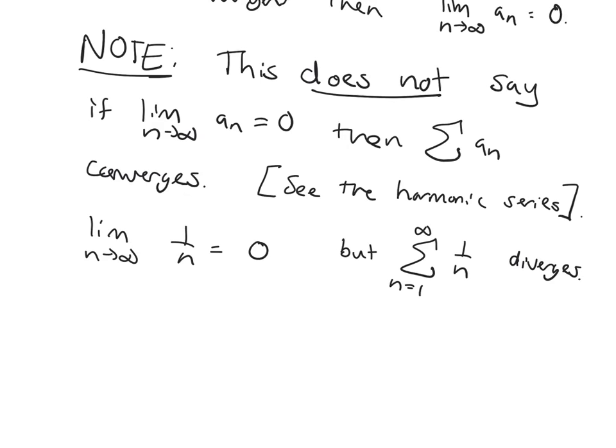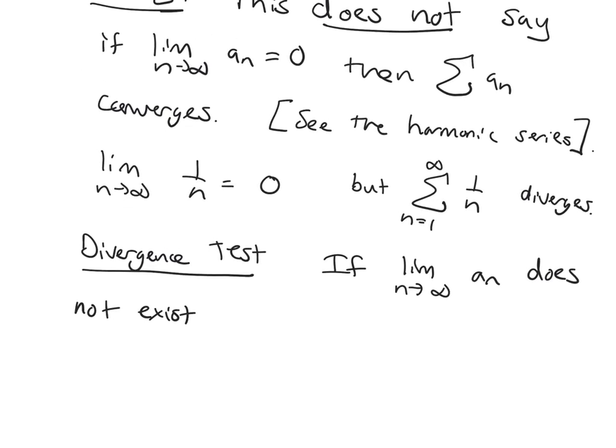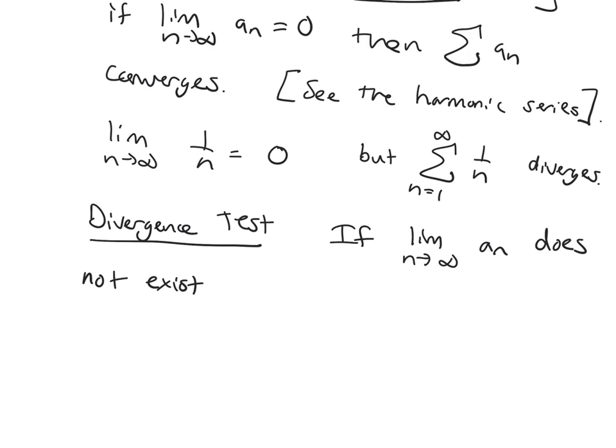Whenever you get a limit of 0 for your terms, you don't know. It could converge, it could diverge. But there is a silver lining in this, and the silver lining is what's called the divergence test, which says if you get anything other than 0, so the limit of a sub n does not exist, or the limit's not 0, then the series sum of a sub n is divergent.